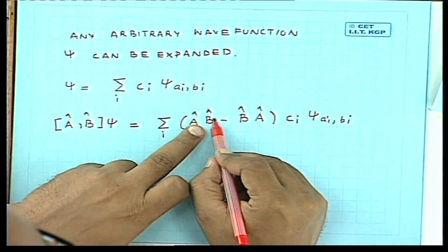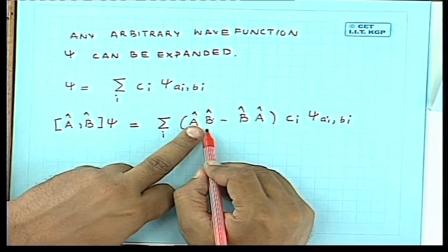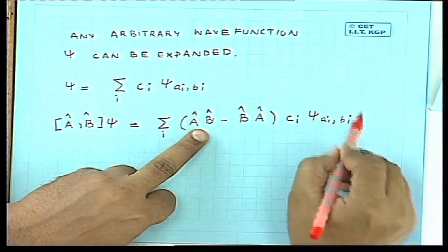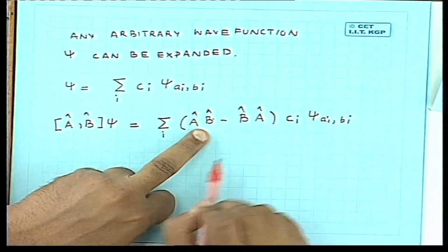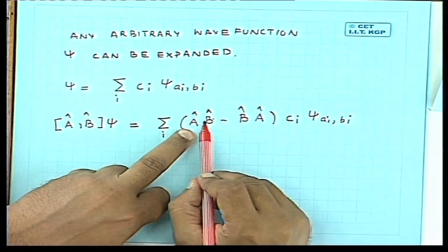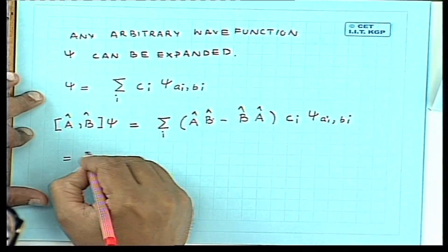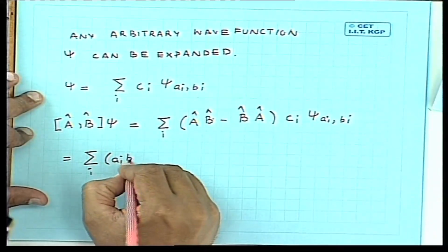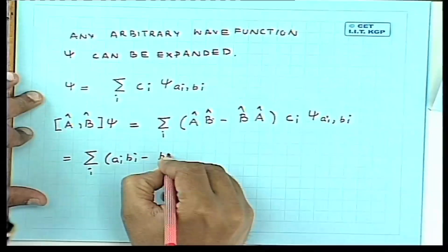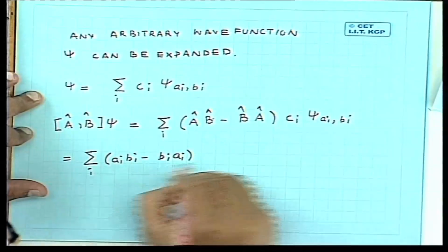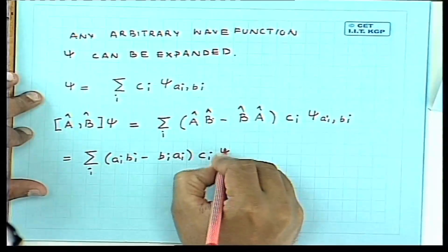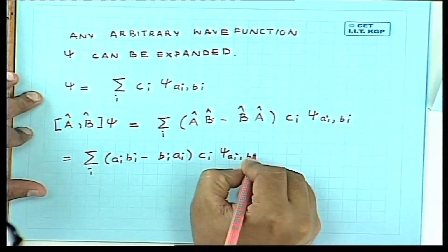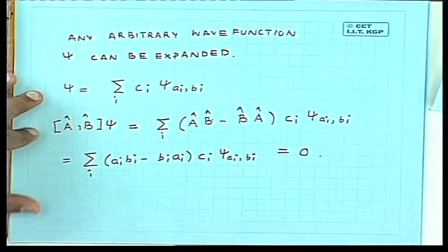Now when B acts on this, it will give me a number Bi, the wave function remains unchanged, and then when A acts on it, it will give me Ai. So this will be equal to AiBi minus BiAi, and it will be equal to 0.